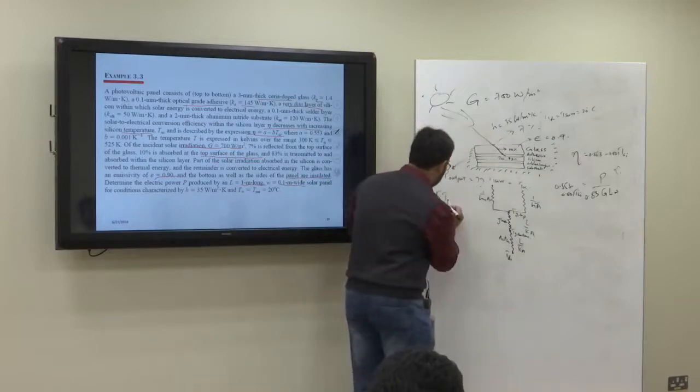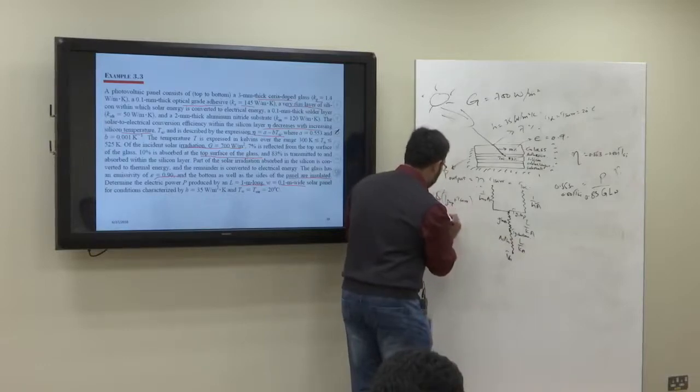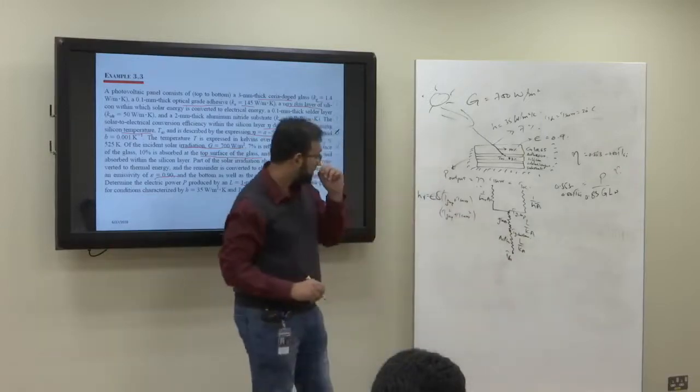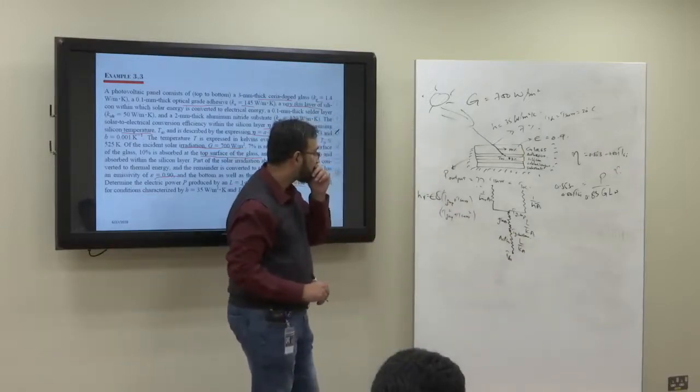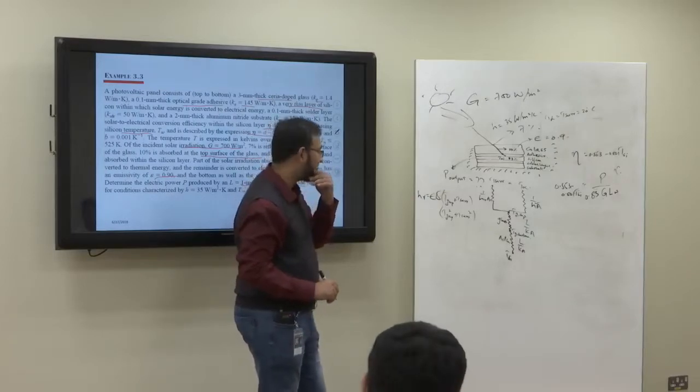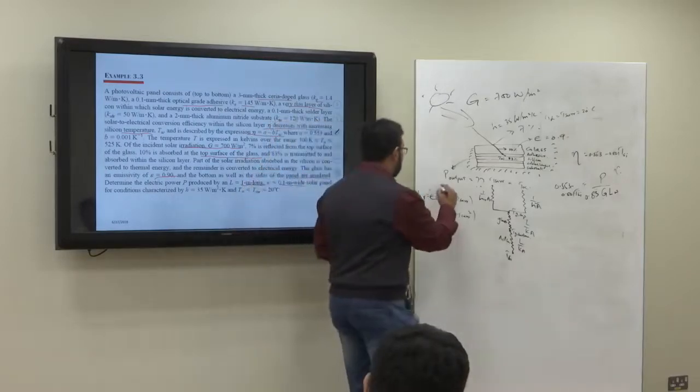Okay, so it's Tg top plus T surrounding into Tg top square plus T surrounding square, right? We don't know Tg top. We know T surrounding. We know epsilon. We know this.